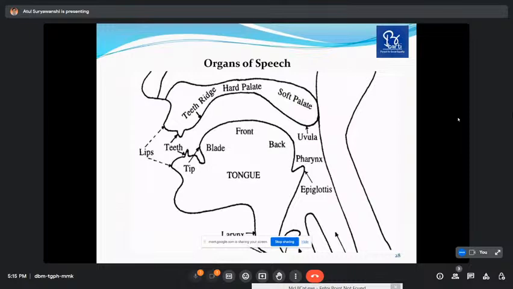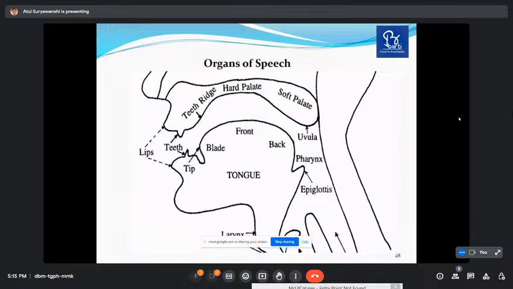So we studied these things yesterday. In today's lecture, we are going to study organs of speech, the difference between phonetic and phonemic transcription. After that, we are going to study few things associated with language. So without wasting the time, let's begin.